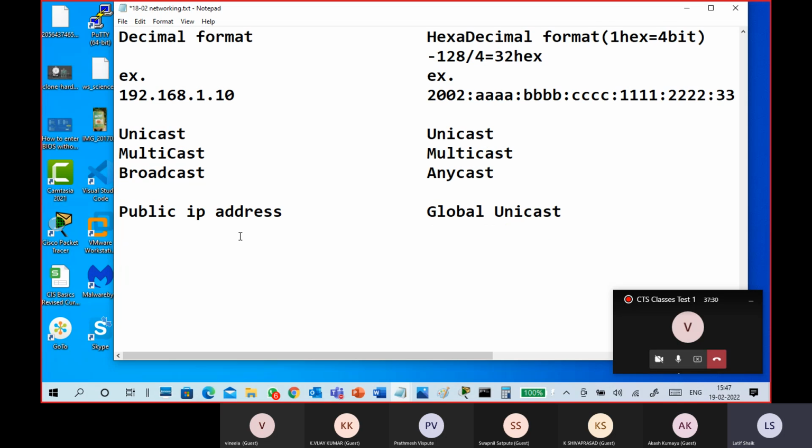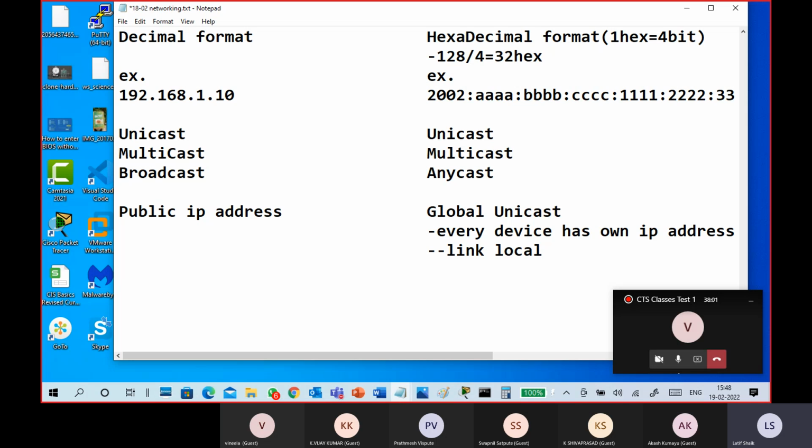So generally, every PC has its own IP address. Every PC in IPv6 has its own IP address. Every device has its own IP address. That type of IP address is link local. Guys, remember, I'm also covering IPv6.